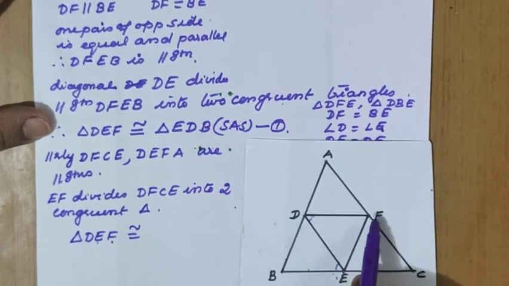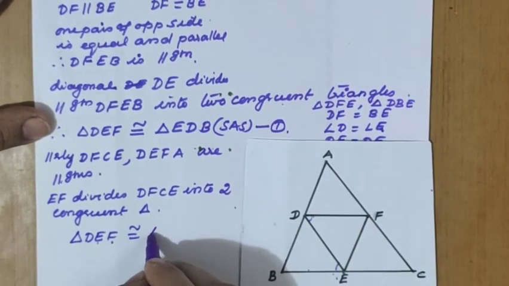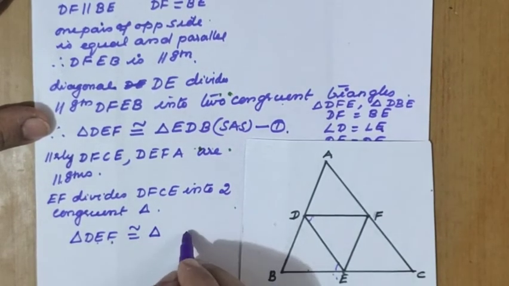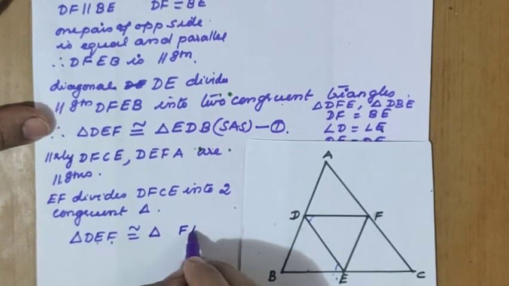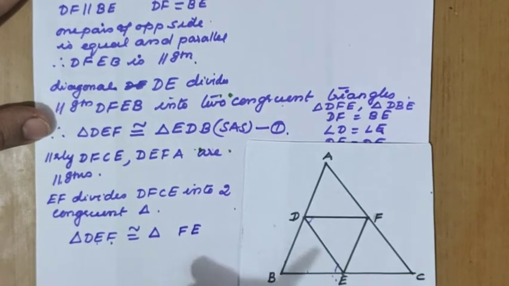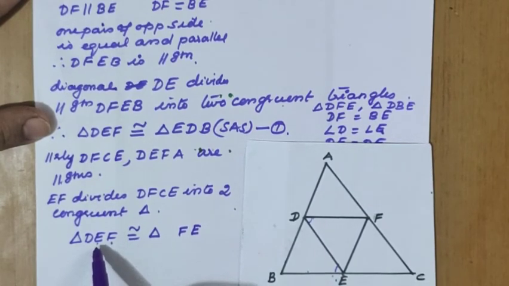See that one? DFCE, which is the diagonal, FE. So FE will be alternate for us. So what we can write here? In place of E, it will be F. In place of F, it will be E. Identify the diagonal. Diagonal will be alternate because when a parallelogram we are taking, we know that the alternate interior angles are equal. The same concept we are using. So the order, it will be easy for us.